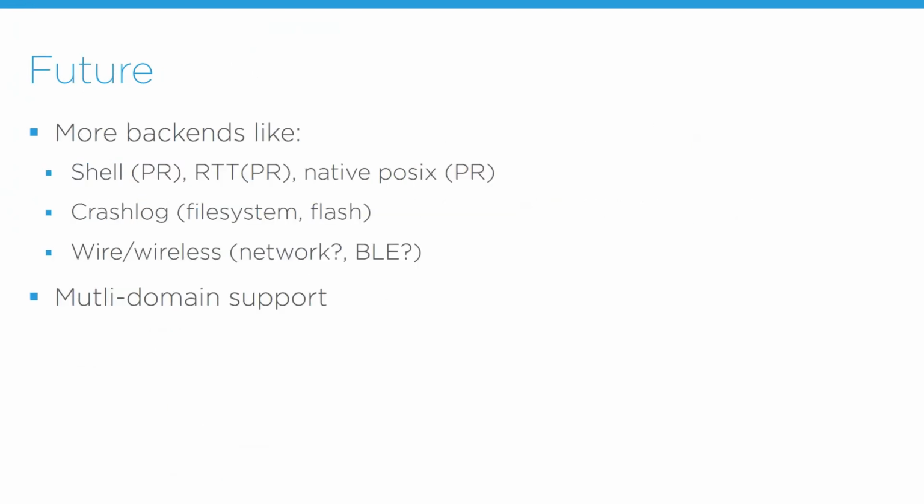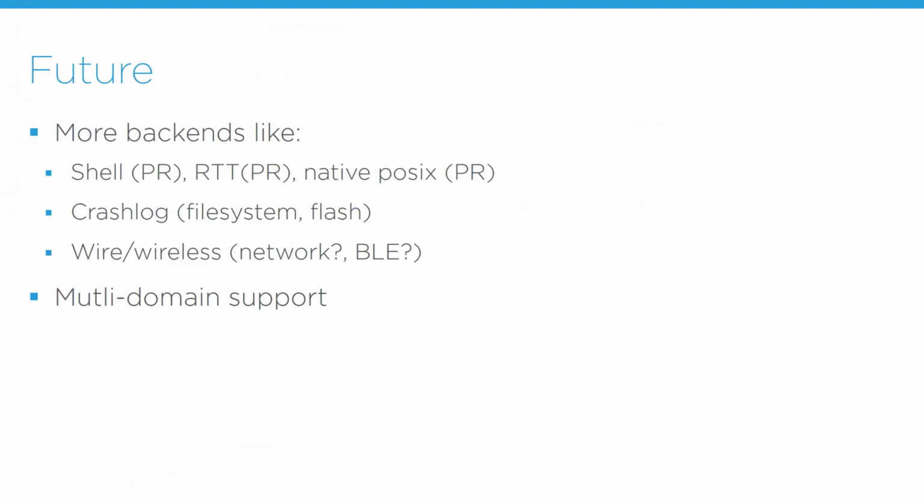As for the future, there probably will come many more new backends, like Shell is one of them. RTT, native POSIX. Those are all backends which are already in a PR, or some of them are already in master.